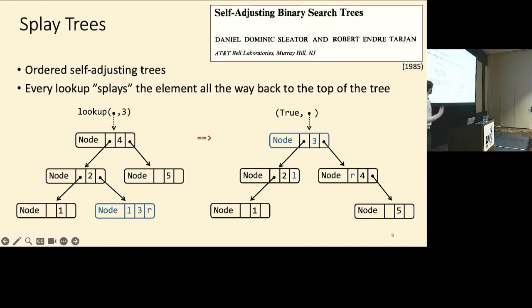And of course, if you implement this in a traditional functional programming language, that will be terribly inefficient, right? Because every time you look up, you'll have to reallocate the spine of this tree, because you change what the path from the root to the former element looks like. But actually what we can do in this style is that we can implement this lookup function without doing any allocations, as long as the splay tree you pass in is unique. So how would we do that?